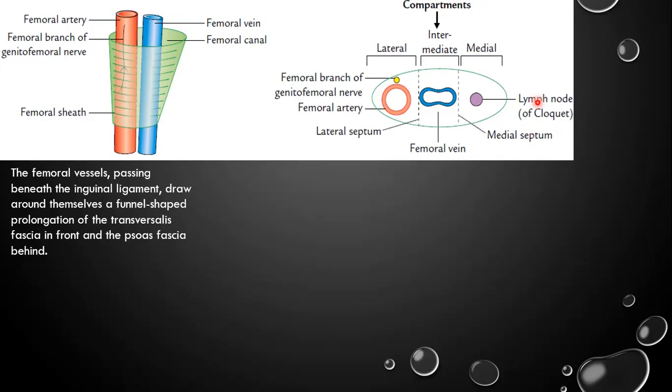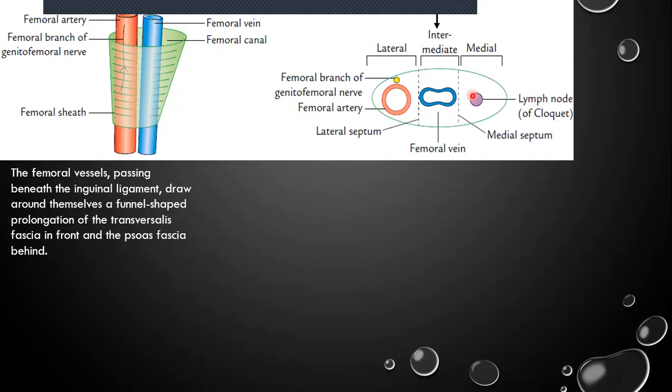So if you have cancer of the glans penis or the clitoris, the glans penis being in males and the clitoris in females, the cancer cells will first metastasize to this lymph node. So if a patient has cancer of the clitoris or the glans penis, this lymph node must also be removed.